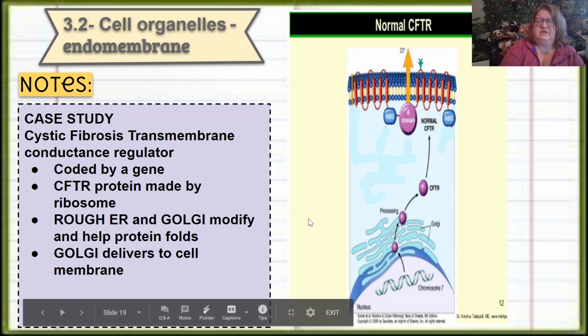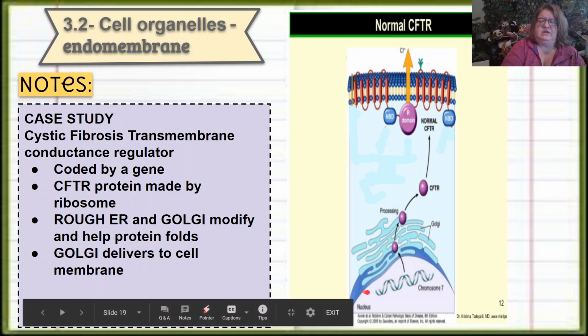Let's just real quickly review all of the organelles we did last week. For instance, we have the gene, or the DNA, for making CFTR. And remember, that's going to be found in our nucleus. The gene for CFTR is going to code for the protein CFTR.